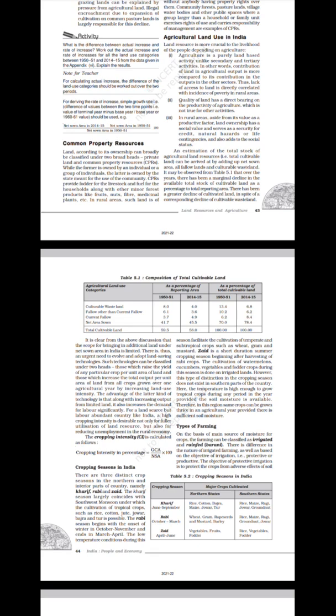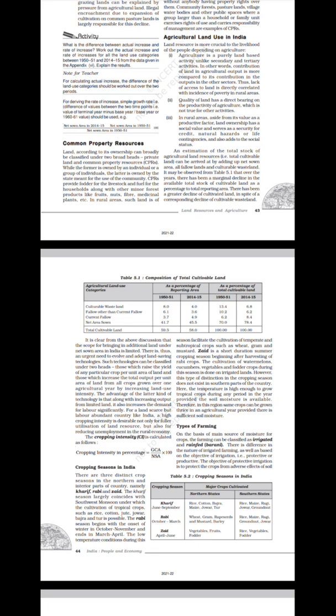The Rabi season begins with the onset of winter in October to November and ends in March to April. The low temperature conditions during this season facilitate the cultivation of temperate and subtropical crops such as wheat, gram, and mustard. Zaid is a short duration summer cropping season beginning after harvesting of Rabi crops.